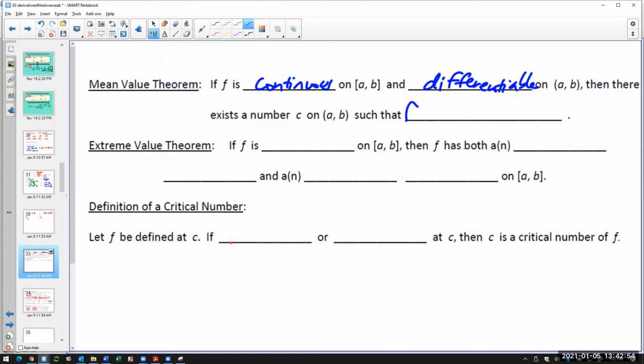Remember, the derivative is equal to the slope, or the slope of the tangent line is equal to the slope of the secant line. Okay, and before this class, every time you talked about slope, you didn't specify, but you're always doing the slope of the secant line. Now that you're in calculus, you're doing the slope of the tangent line as well, which is the same thing as the derivative.